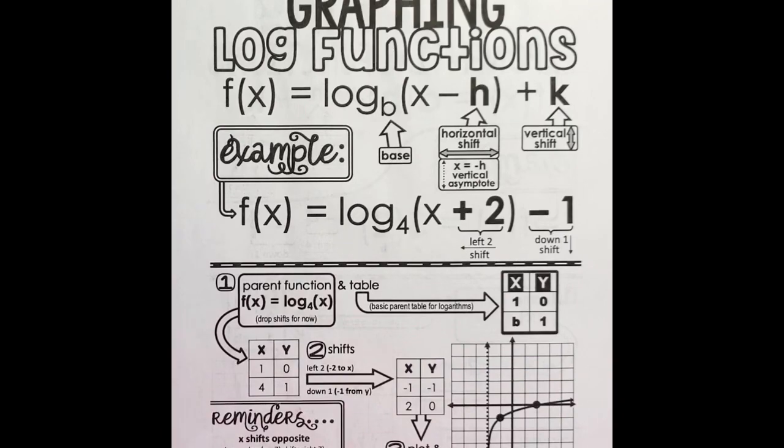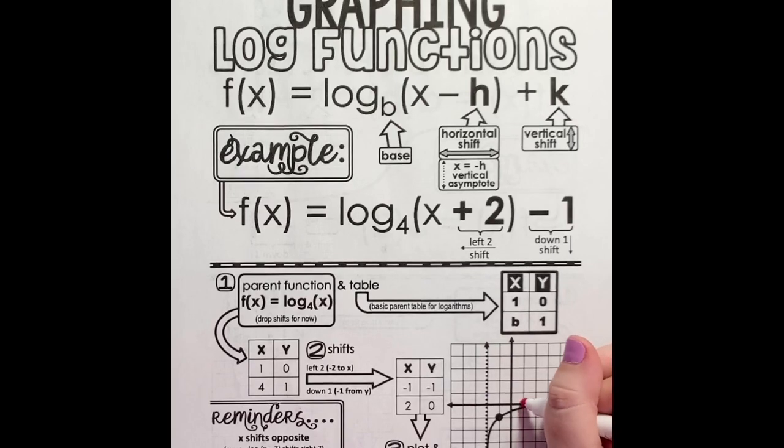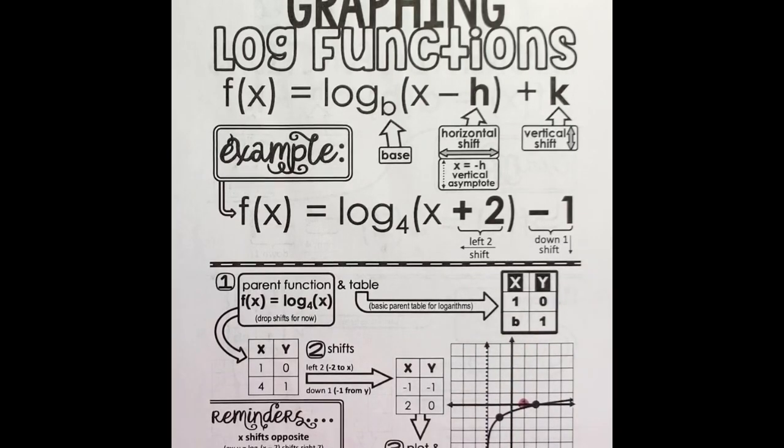Okay, so let's start graphing this example. I know it's already graphed for you, but let's pretend like it's not there. So if we go ahead and do 1, 0, and our base, 1, so we know it's going to be 4, 1. And I know that my VA is going to be at 0.